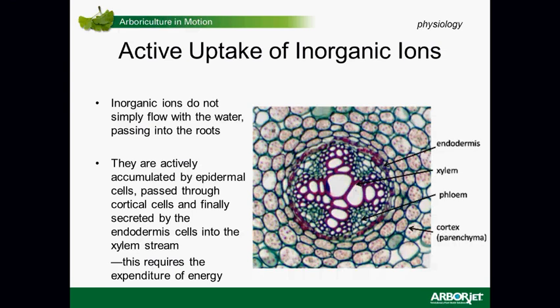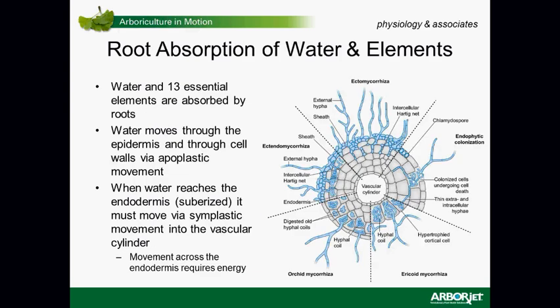The endodermis is a suberized layer of cells, and it forms a barrier in the root. To get across that endodermis and into the vascular tissue requires the expenditure of energy. The endodermis is symplastic tissue, and there's active transport through the root.